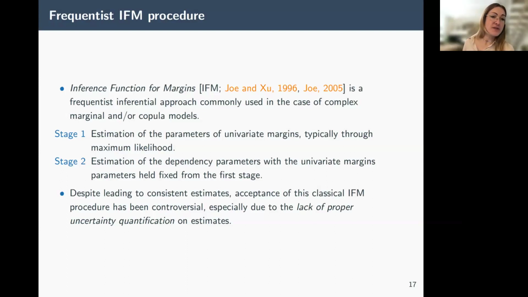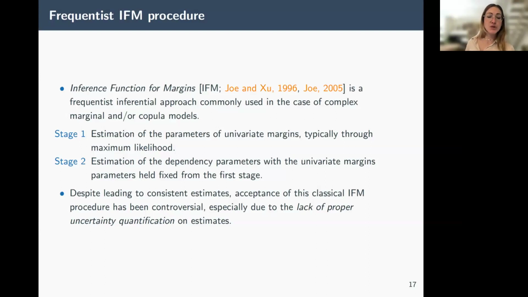And this is a frequentist approach based on two stages, where at the first stage, one estimates the parameters of the univariate marginal distributions, and at the second stage, one estimates the parameters of the copula, keeping fixed the parameters from stage one. So this is a procedure which has good theoretical guarantees.